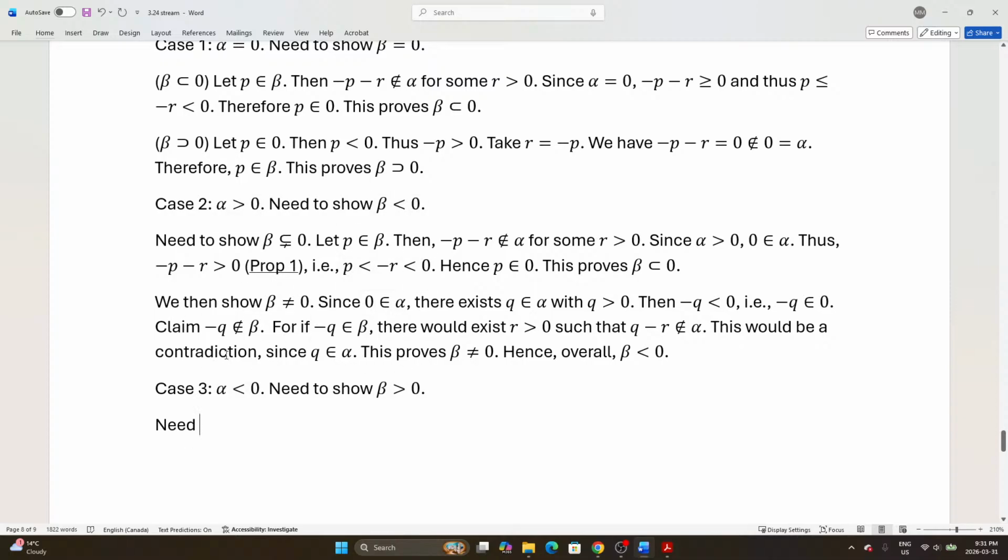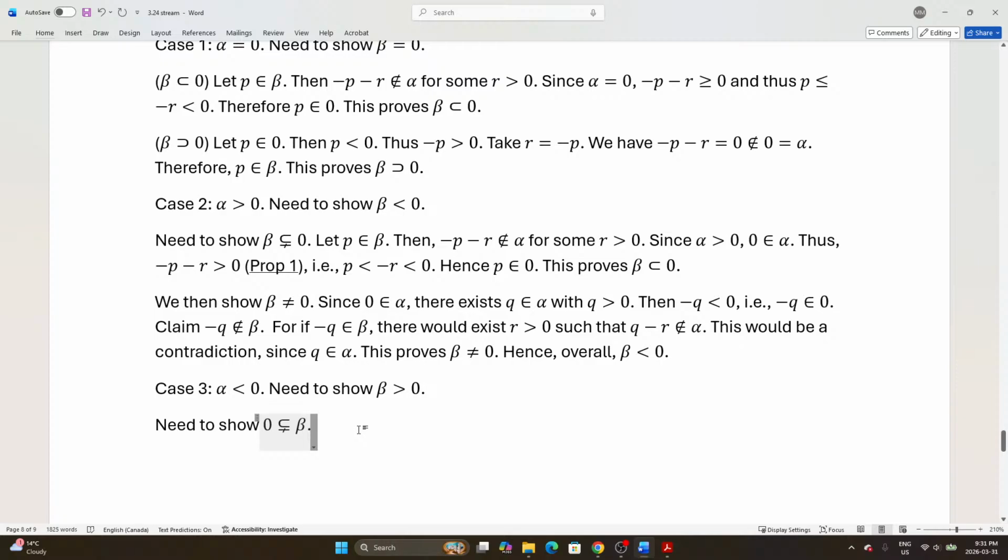But you never know these things. So I need to show that zero is properly contained in beta. So first, let's prove containment.